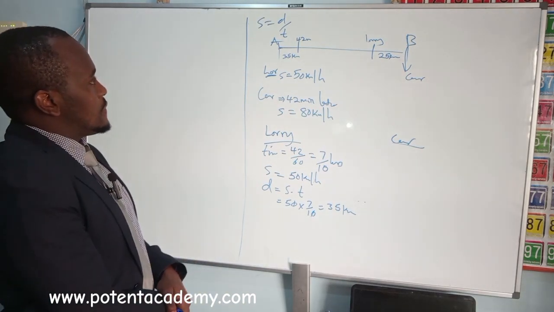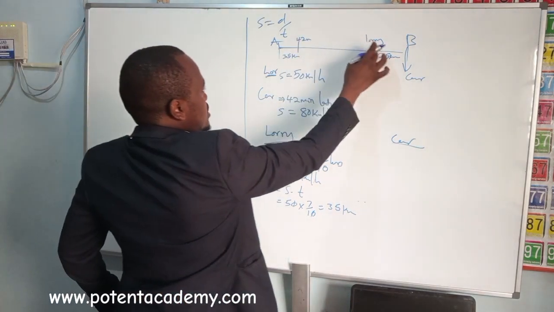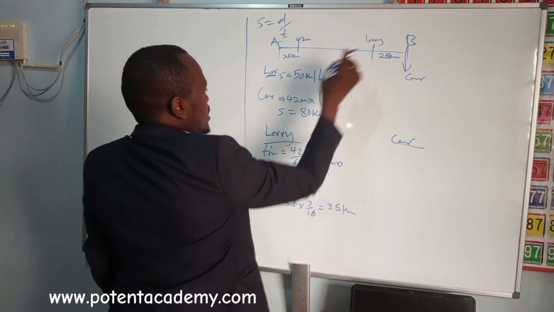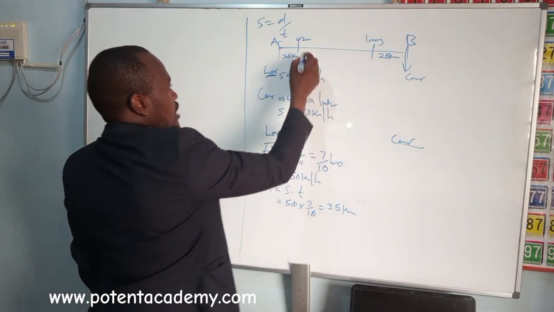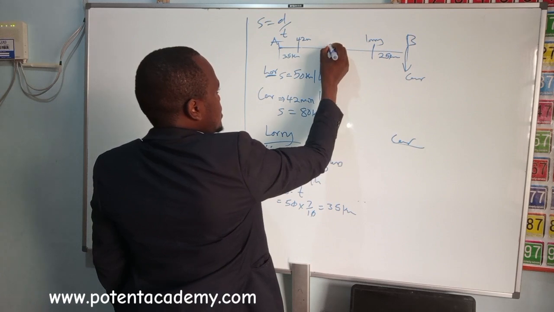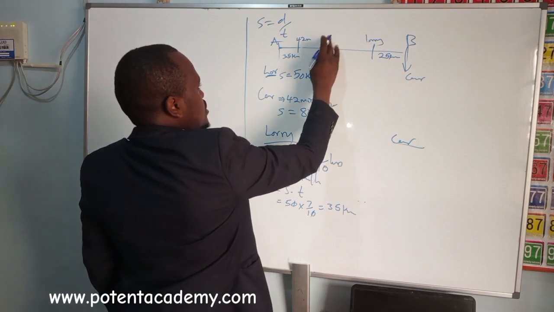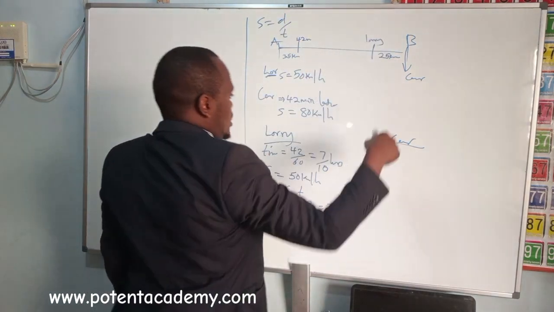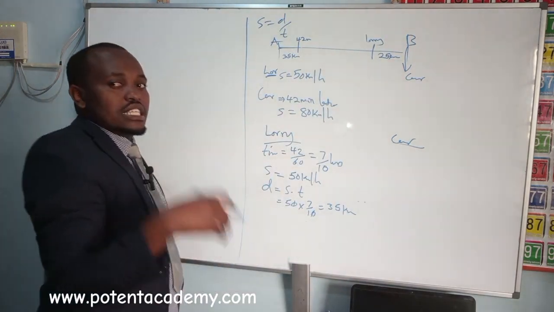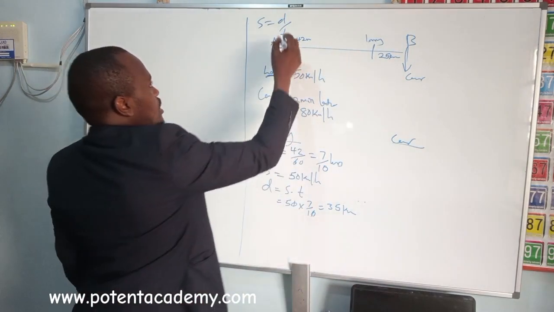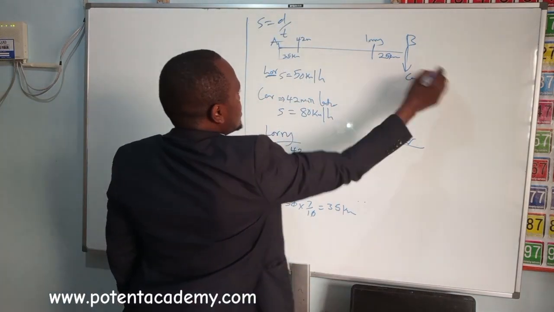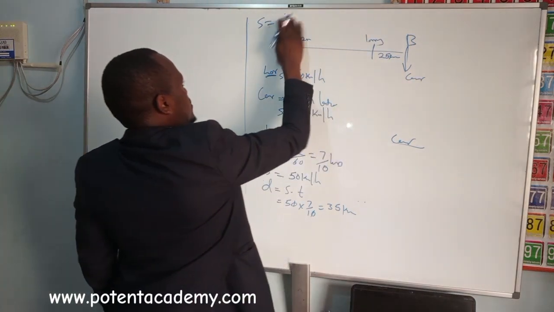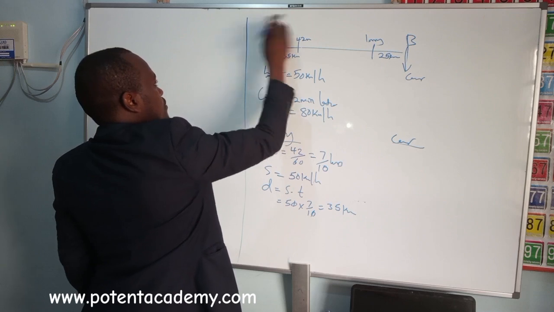And now we have this distance that the lorry is covering in this time. Let us call the distance between A and B that we are asked, x, okay? So let me delete this so that I can illustrate better.